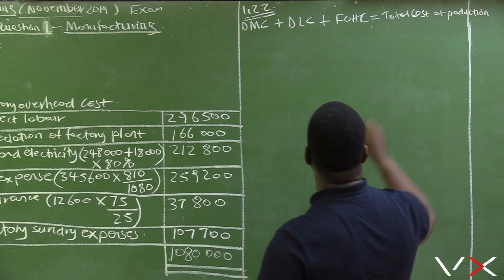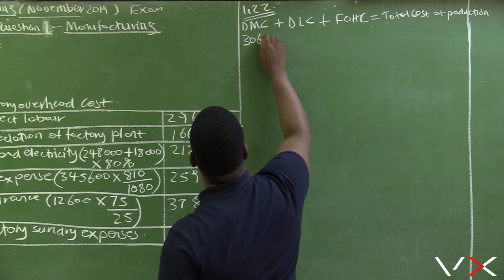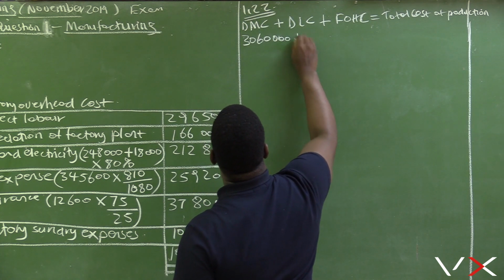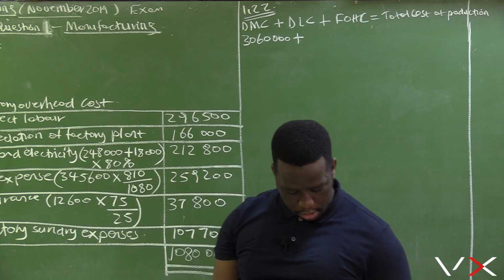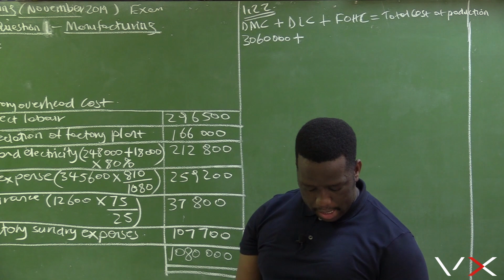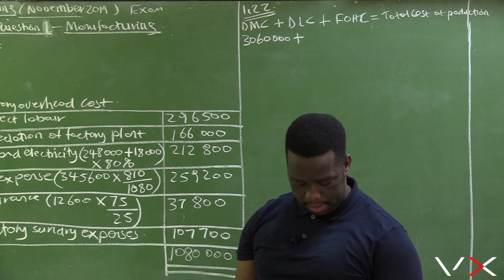The direct material cost is 3,060,000. The direct labor cost is not given, but the direct labor cost per unit of 160 is given.